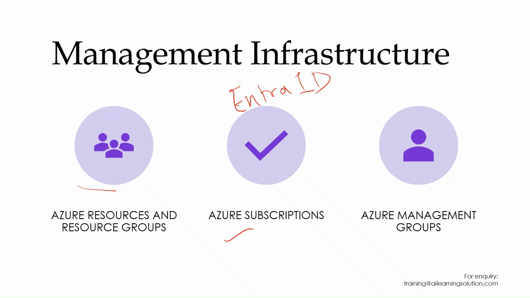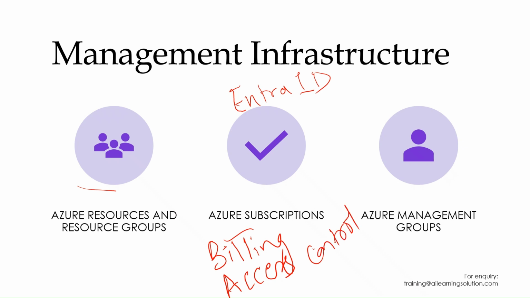You can use an Azure subscription to define boundaries around Azure products, services, and resources. Point to be noted, there are two types of subscription boundaries that you can use. One is the billing boundary, and the second is the access control boundary.